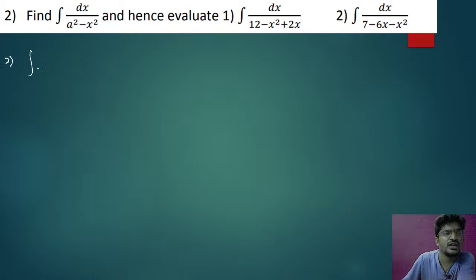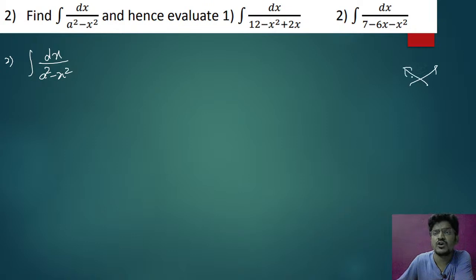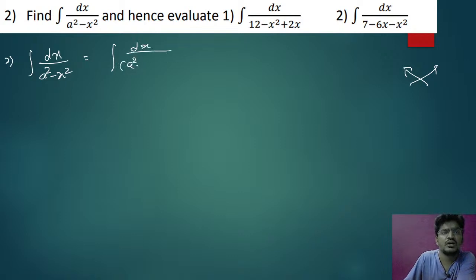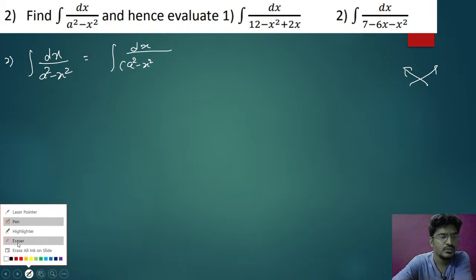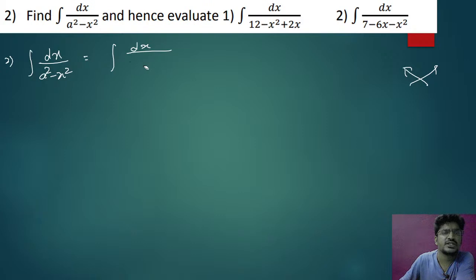That is integration of dx divided by a square minus x square. Again you use the criss-cross method. That will be dx divided by a square minus x square, which is (a minus x) into (a plus x).